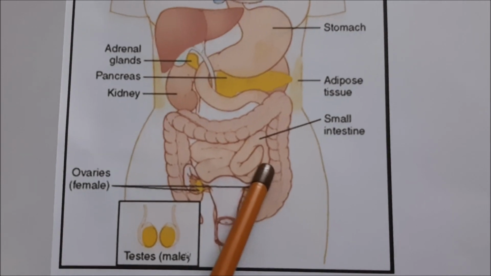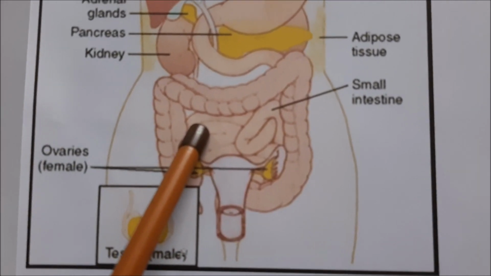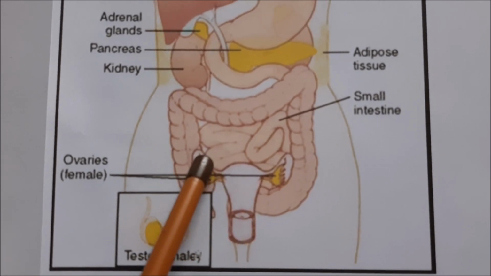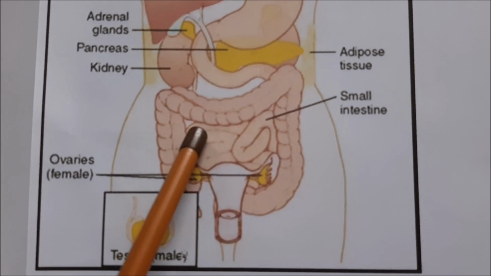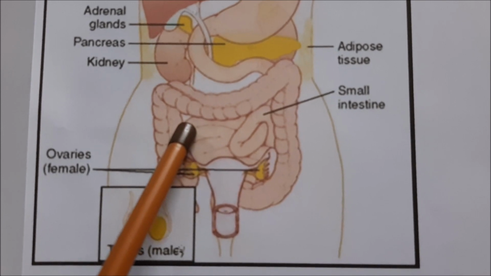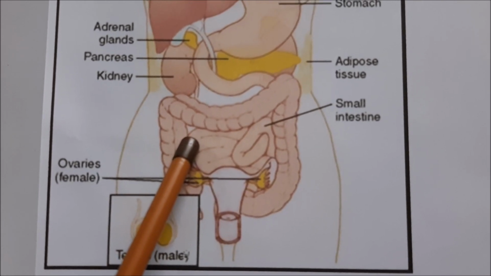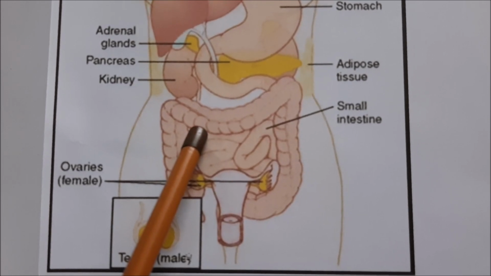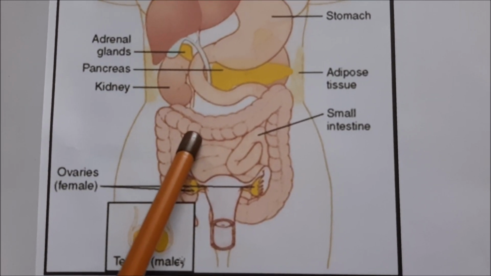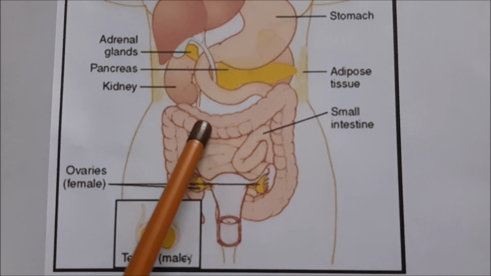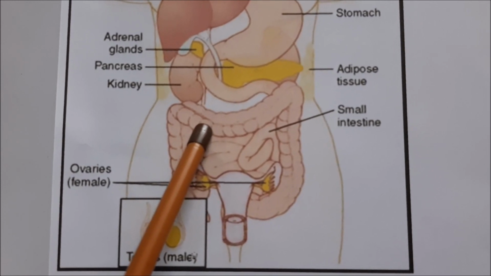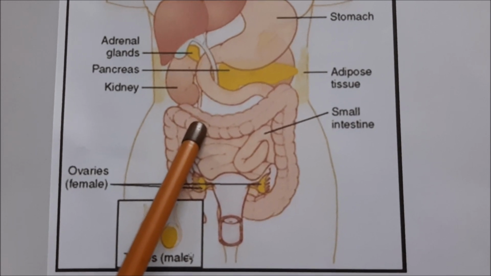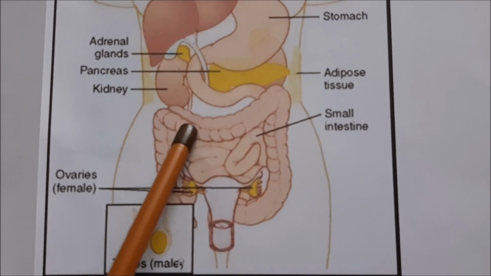Then the placenta releases 4 hormones. One is human chorionic gonadotropin, another is human chorionic somatomammotropin, another is estrogen, and progesterone. Human chorionic gonadotropin maintains the persistence of the corpus luteum for the first 3 months, and human chorionic somatomammotropin helps in the development of the female breast, and also helps the development of some fetal tissue during pregnancy.